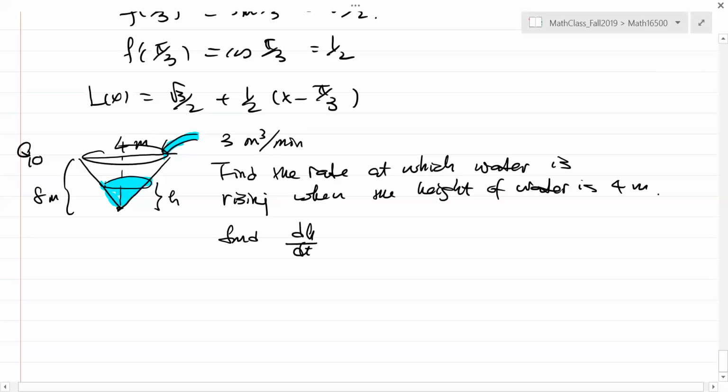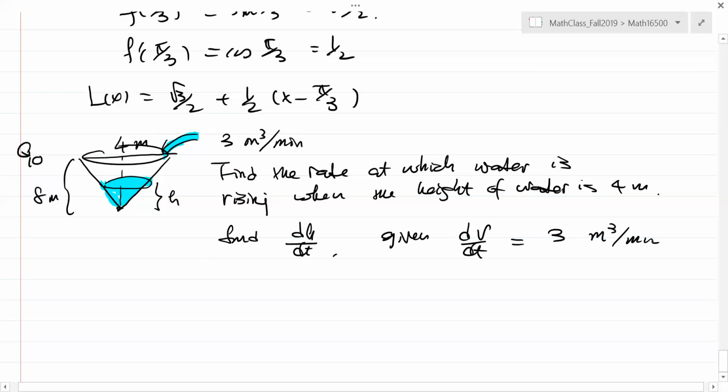So you have to write down the information you understand. I think the given information is the volume of the water. It's increasing, right? The derivative of the volume is going to be 3 cubic meters per minute.